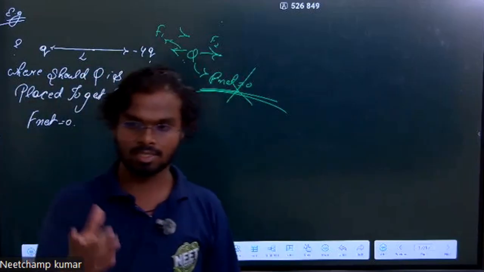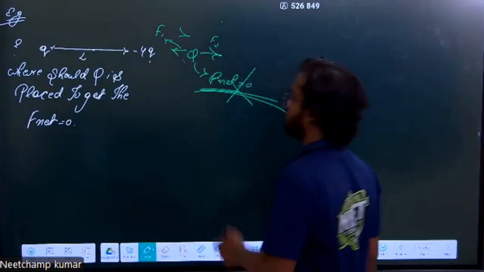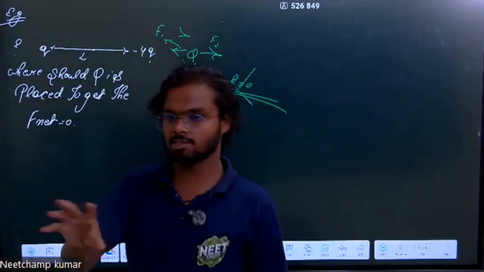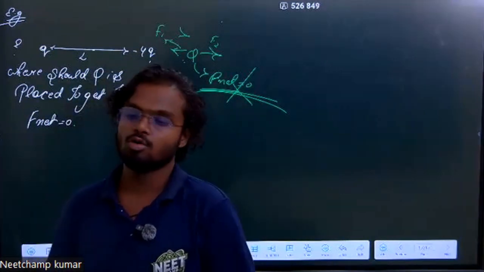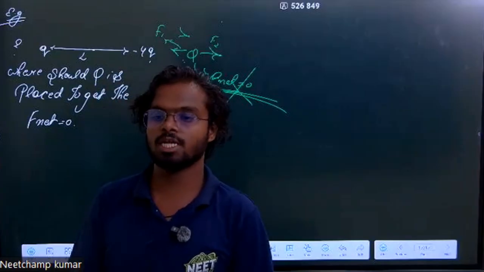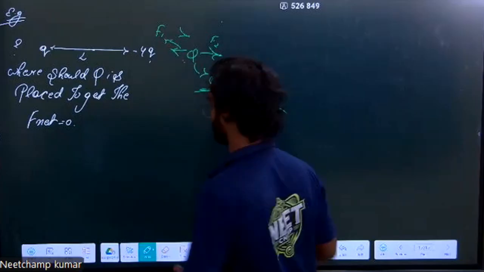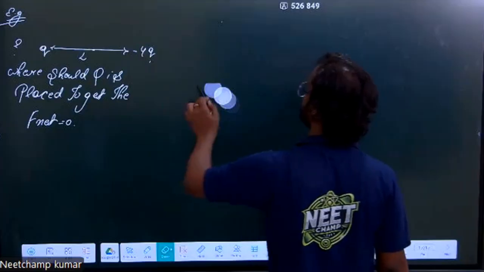So is position number 3 possible? The answer is no, it is not possible. The reason is very clear: this is closer to minus 4q, which has more dominance over the force due to the charge q, so obviously it will attract the charge. So here there is no possibility that the force can become zero, so you can't place it at position number 3 also.